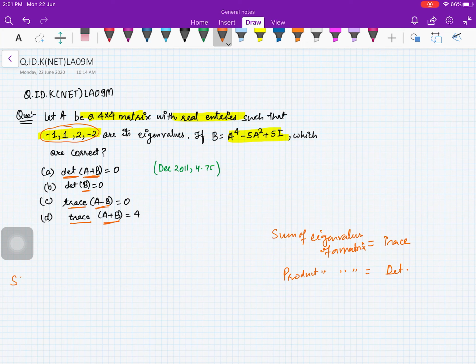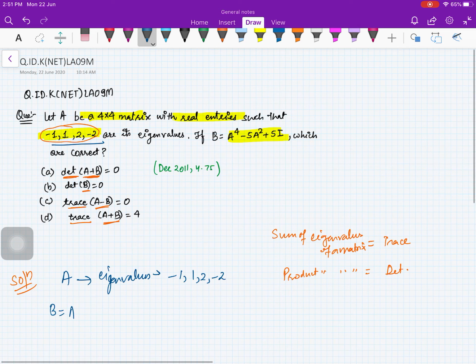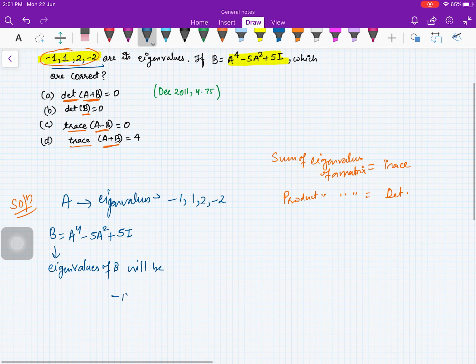Now the eigenvalues of A are given: -1, 1, 2, -2. Then B, which is A raised to power 4 minus 5A square plus 5I. The eigenvalues of B will be, for -1: (-1) raised to power 4 minus 5 into (-1) square plus 5 into 1.